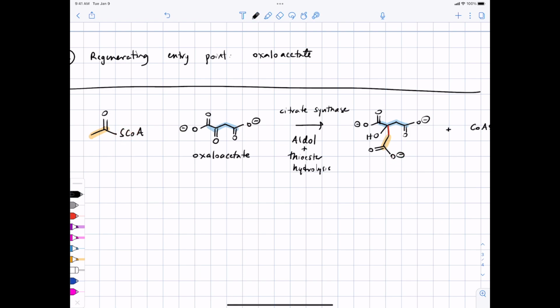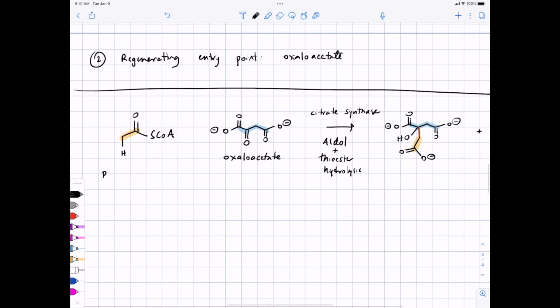But basically we are taking probably some base to generate the enolate from acetyl-CoA. Here's the alpha carbon. I'm not going to draw the enolate forming separately. We'll just show removing that proton, making the enolate. Here's the aldol step. Attack the carbonyl carbon of the ketone to get a tetrahedral intermediate, which we can show picking up a proton from some source in the same step.